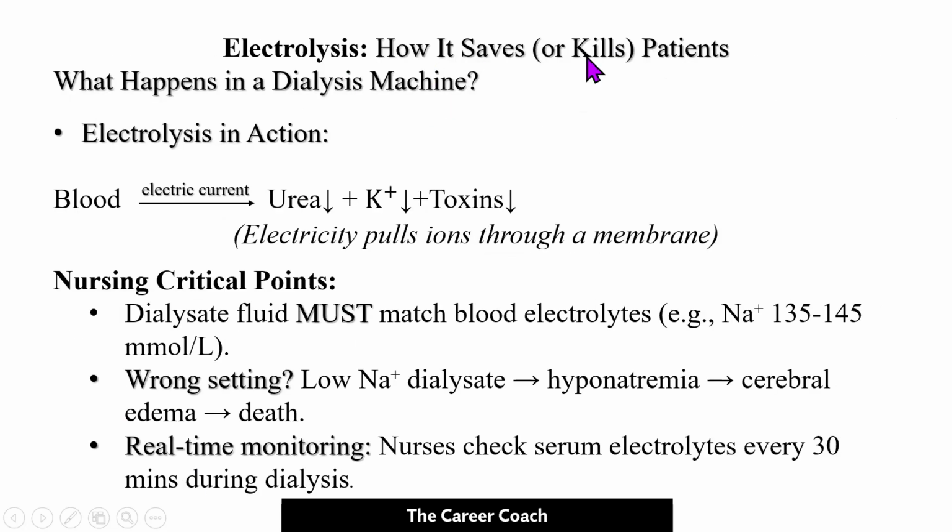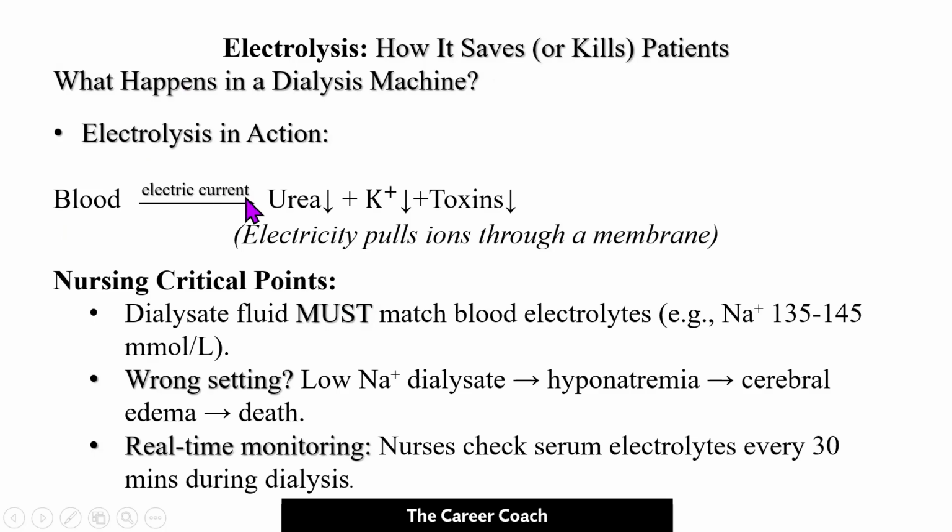Electrolysis. How does it save or kill our patients? What happens in a dialysis machine? So this is an example of what happens in a dialysis machine. The dialysis machine uses electrolysis in action. So what happens is that during dialysis, the blood, like I said before, there are electric currents in the body, not just in the machine. Positive and negative electrolytes going on in the body.